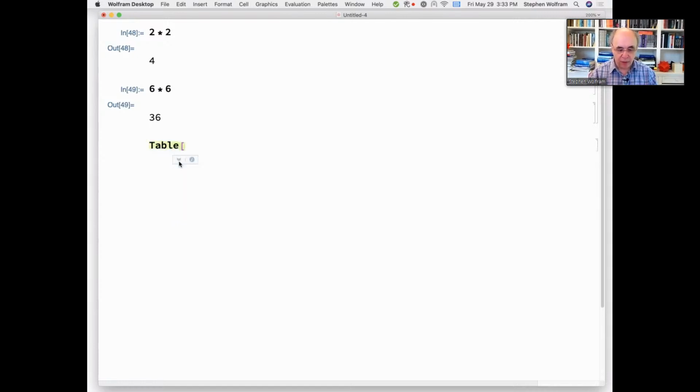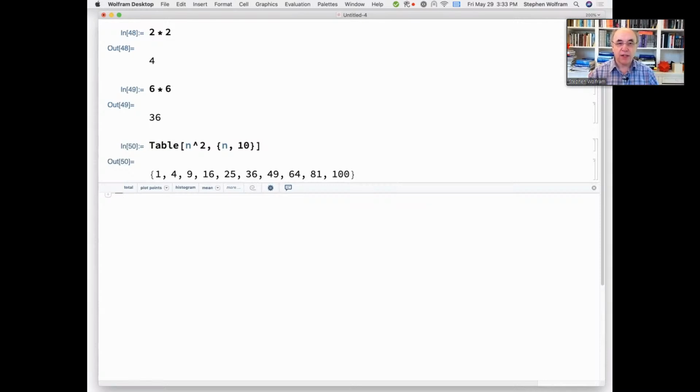So we can work out all kinds of squares. So let's make a table, for example, n squared, n going up to 10. So our friendly squares of numbers. So the big question is, it's all well and good to say that 2 times 2 is 4, something like that. But what if we asked about -1? What multiplied by what would be equal to -1?